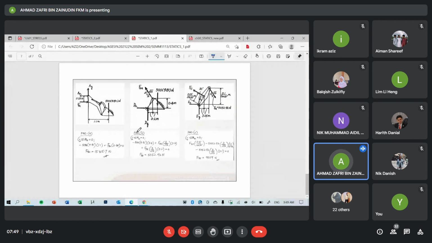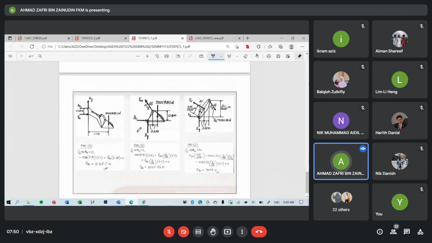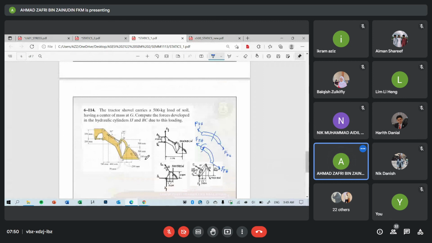How do you know that the mass of the soil, 500 kilogram, can be held with the size of IJ and the correct material that you select? You can guarantee that IJ will never fail. That's what we're going to do in solid mechanics. But more work is on finding these forces.